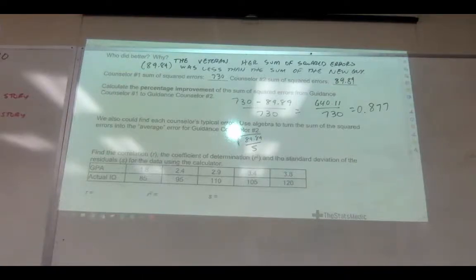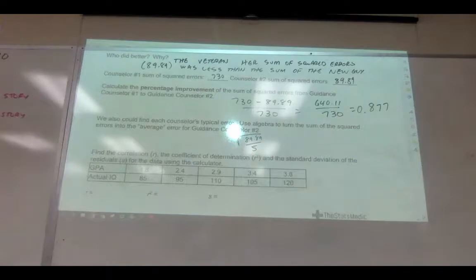I got 1.89. Anybody do it differently? Pull out your calculators.